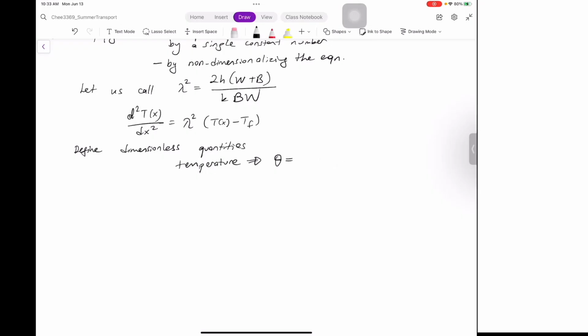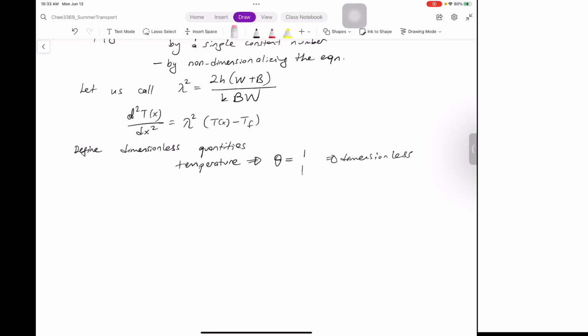I can basically do ratios of the temperature to make it dimensionless. For example, I can say T divided by T wall. You can say that this is dimensionless. But here you're not making use of the TF. Maybe TF is also an important characteristic temperature for this problem, so you should include the TF in your calculation too.